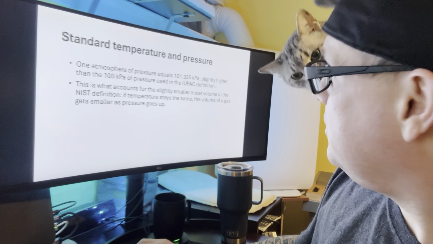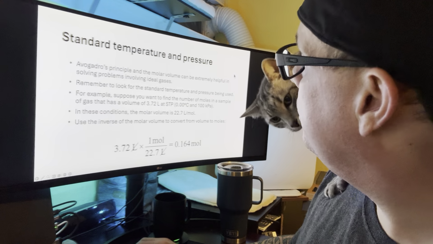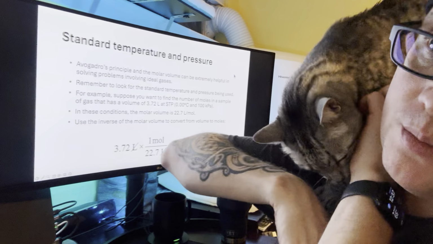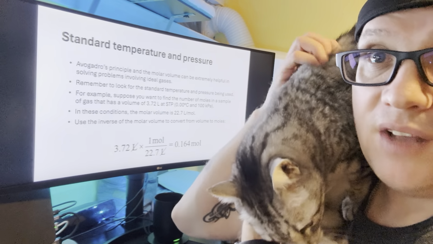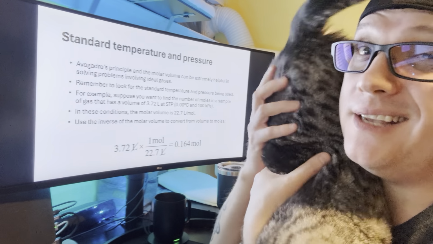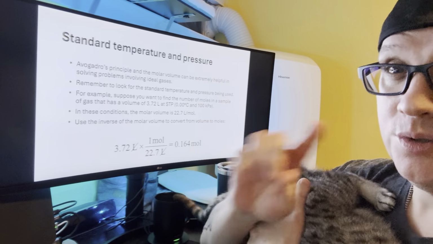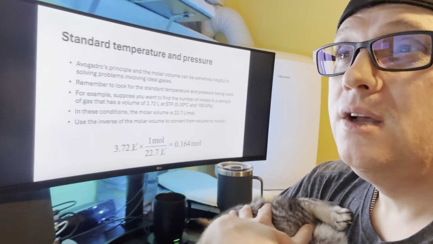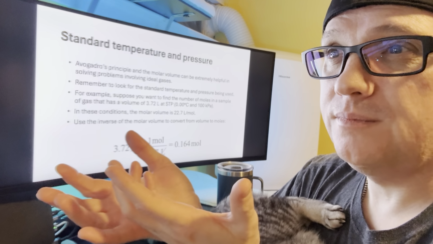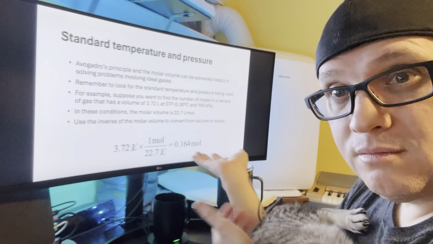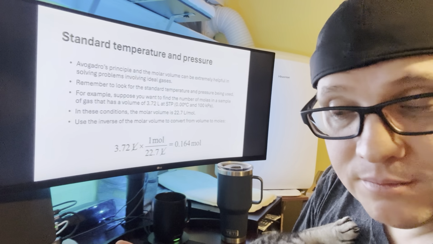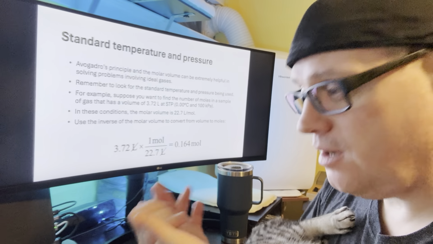Okay, so moving forward, Avogadro's principle and molar volume can be extremely helpful in solving ideal gases. I'm going to talk about ideal gases in a second, so just put a pin in that one. For example, if you have a gas that's 3.72 liters and it's at STP, so that means it's at 0 degrees Celsius, 100 kilopascals.